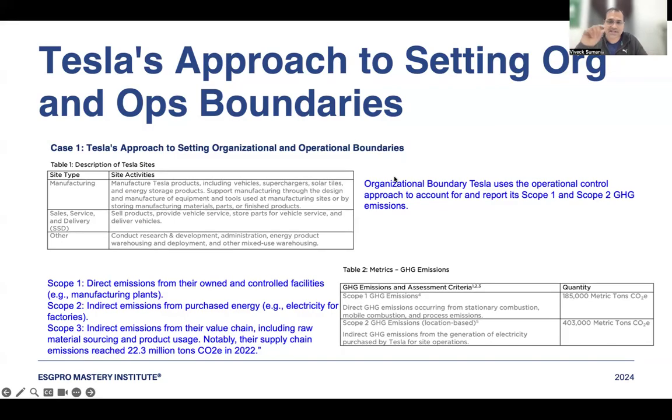You remember yesterday we went into detail on Microsoft, avoidable and unavoidable gas emissions, and how you can compensate by offsetting. That may be the case here. So you cannot actually touch this 185 or 403, but they were able to touch the 22.3 million tons by just tweaking, since they are selling a vehicle which can create a credit.